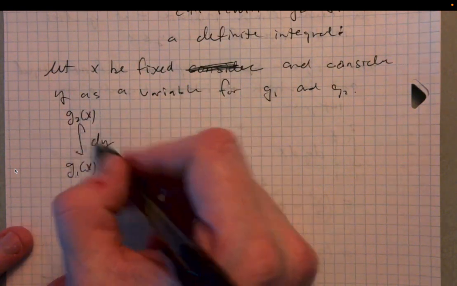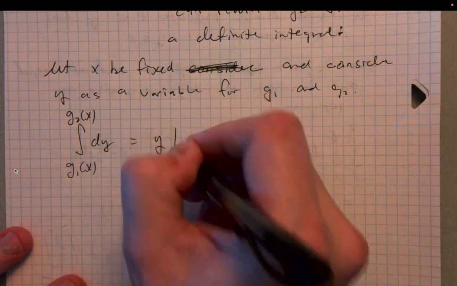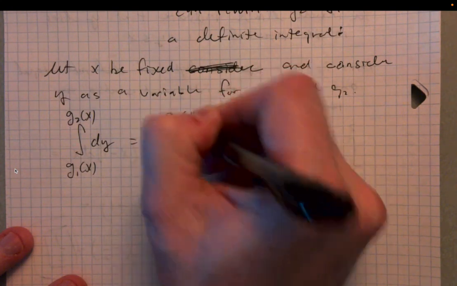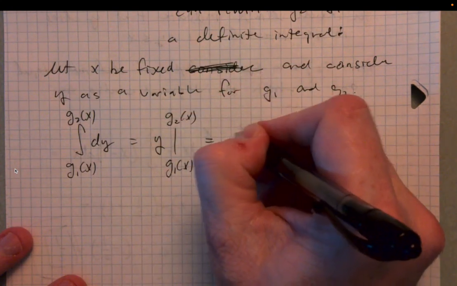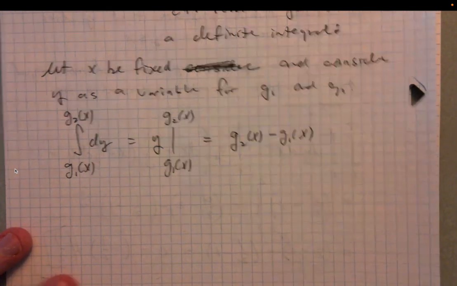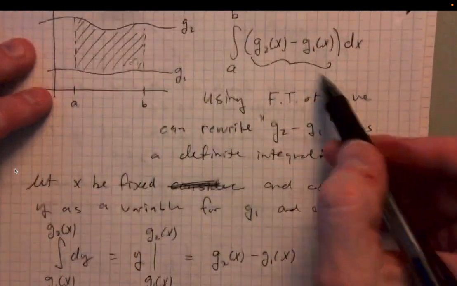If I integrate just dy, I get y, and that's going to go from g1 up to g2, and that is obviously going to be equal to g2 of x minus g1 of x, which is the thing we're interested in rewriting.